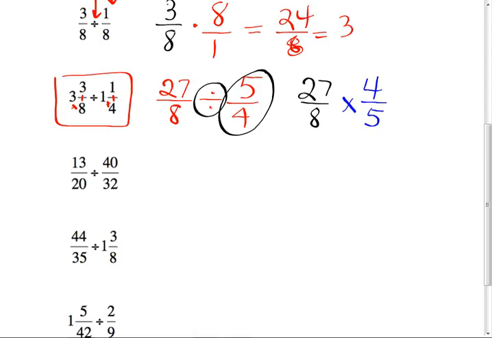Now, I don't want to multiply 4 times 27 and try to reduce that, because I see right now that I could reduce this fraction. What is 4/8? 4 out of 8. 4 goes into 4 how many times? Once. And 4 goes into 8 how many times?